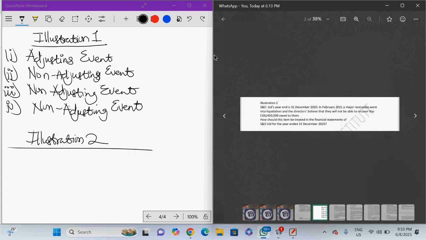It needs to be adjusted in the financial statement, right? You can say that the customer's financial difficulties would have existed. Here they said a major customer receivable.